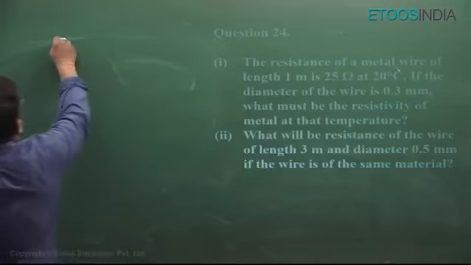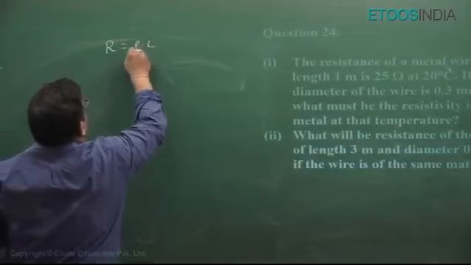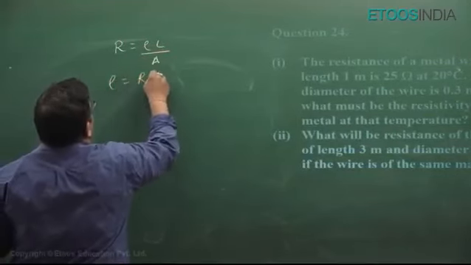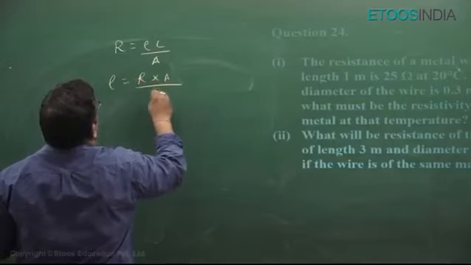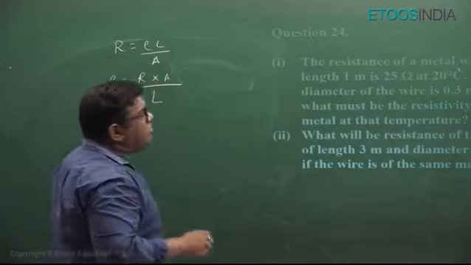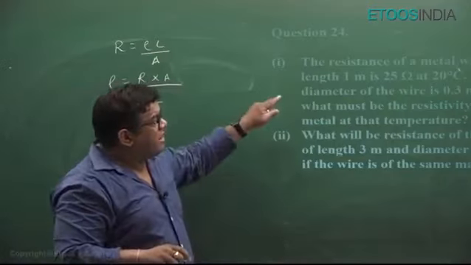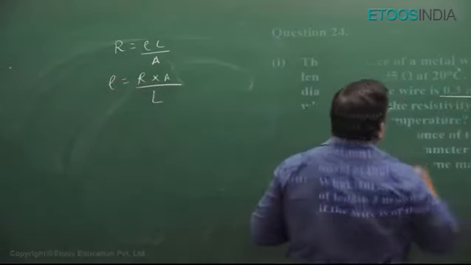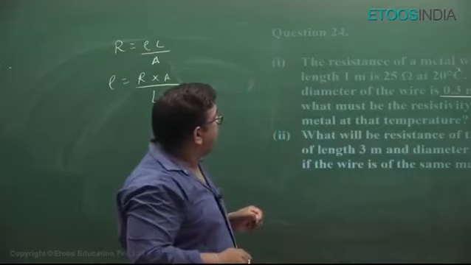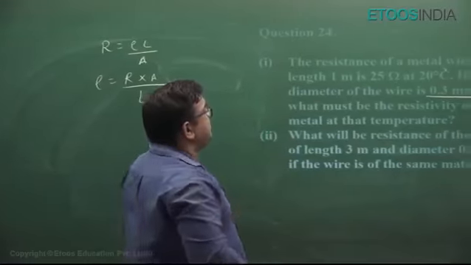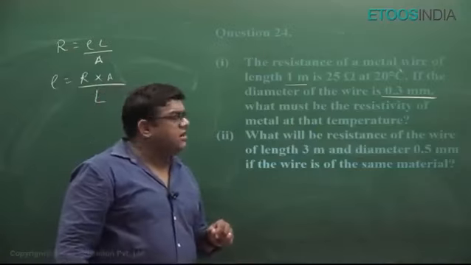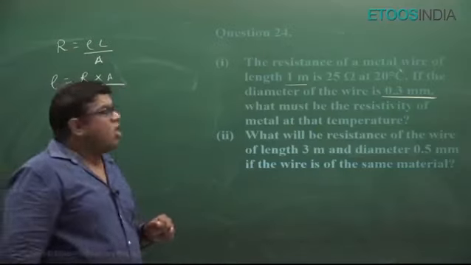We know that R is equal to rho L by A, or rho is equal to R into A upon L. But the very important thing to be noted is that diameter is given in millimeter and length is given in meters. So first we will convert this millimeter into meter. How will we do that?